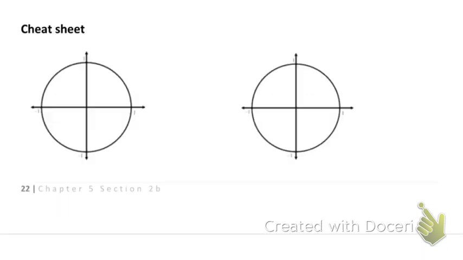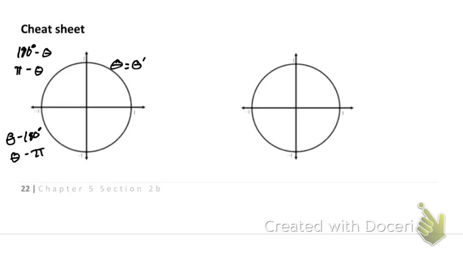If you are in quadrant 1, we have theta equals just your reference angle. If you are in quadrant 2, you're going to do 180 minus your angle. For radians, you're going to do pi minus your angle. Quadrant 3, we're going to do our angle minus 180, or our angle minus pi.